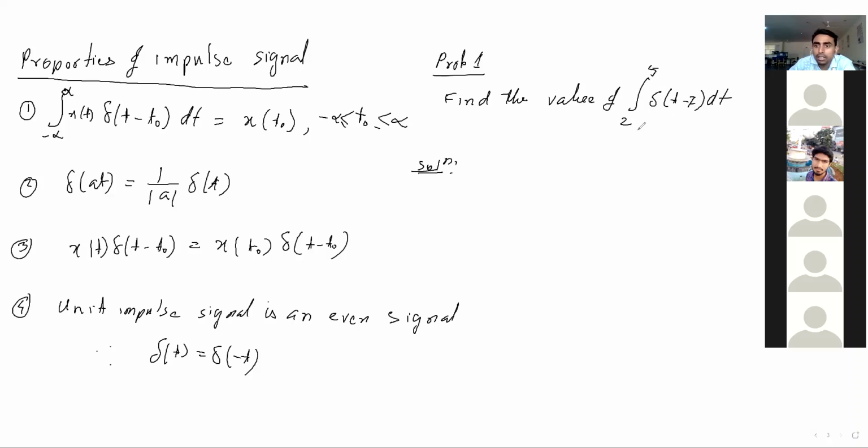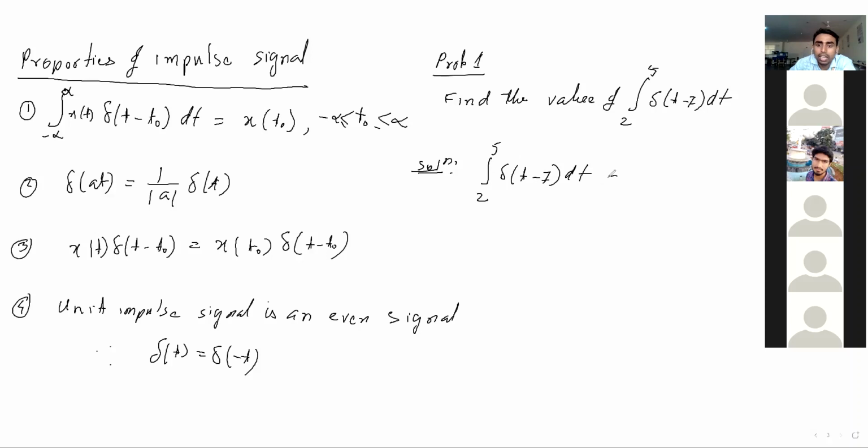The solution: in the first property I taught that t0 here is 7. This t0 value should be greater than the lower limit and less than the upper limit. But here you see that 7 is outside the limits 2 and 5. Since it has crossed the limit, it is not between 2 and 5.